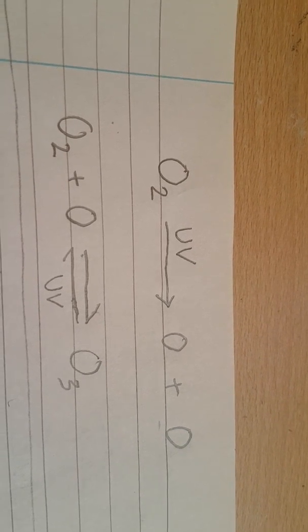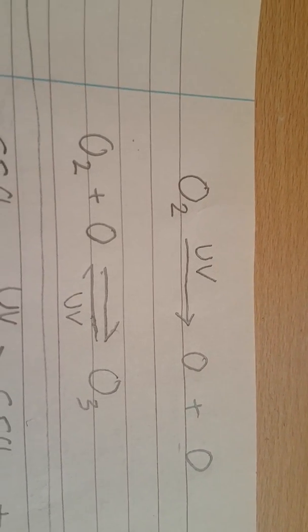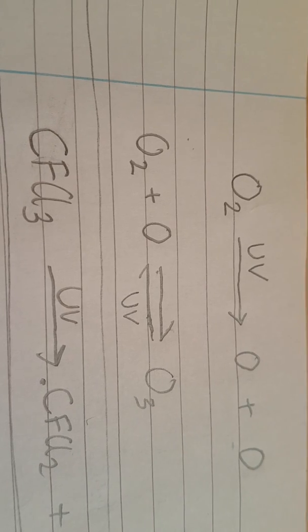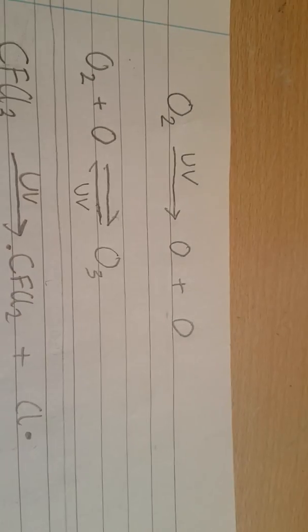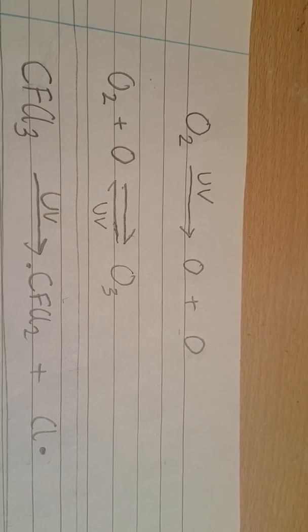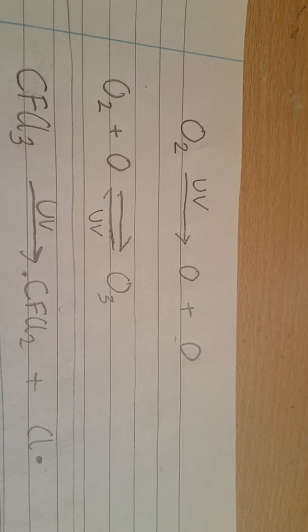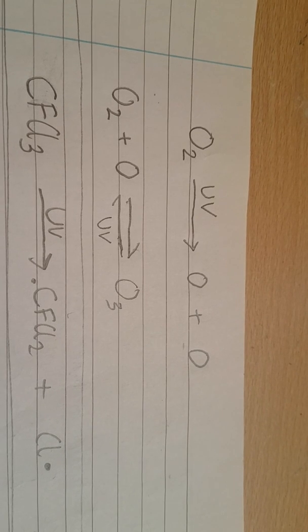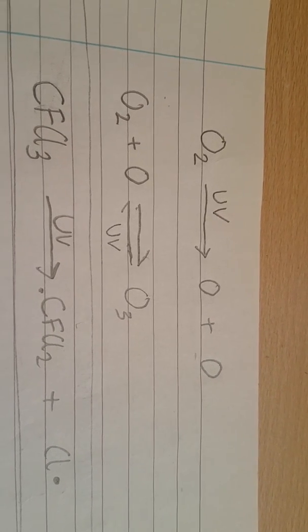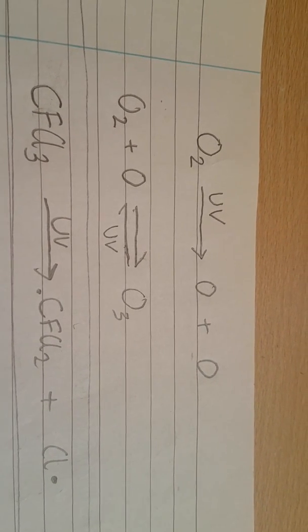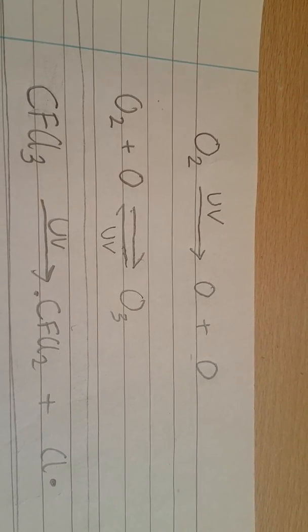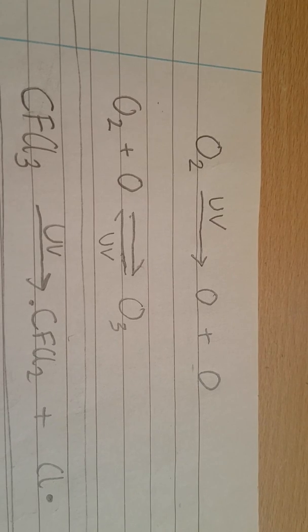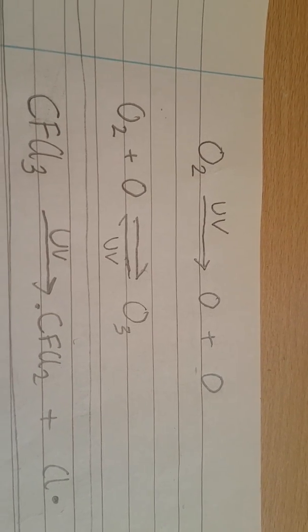At least they are until CFCs come along. So I mentioned that CFCs, such as this one, are broken down by UV light into 2 radicals, with the C to Cl bond being broken. It's always the C to Cl bond that gets broken because it is weaker than the C to F bond. Now, that forms a chlorine radical.